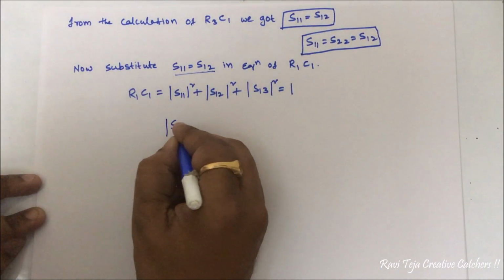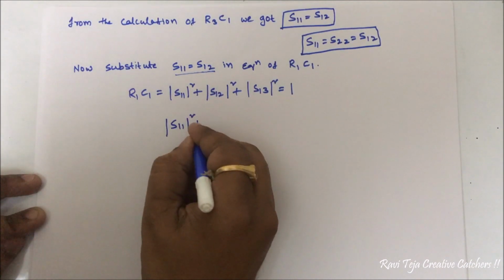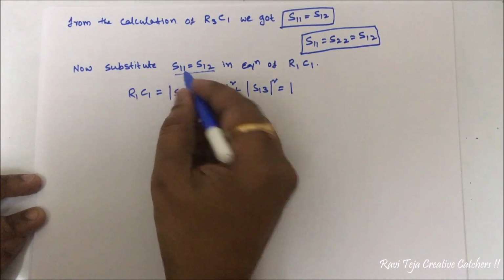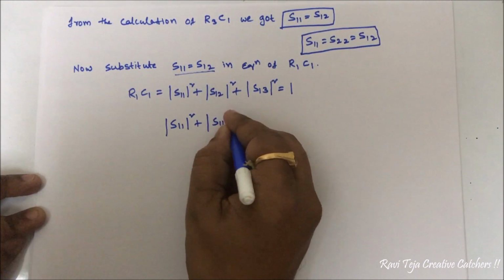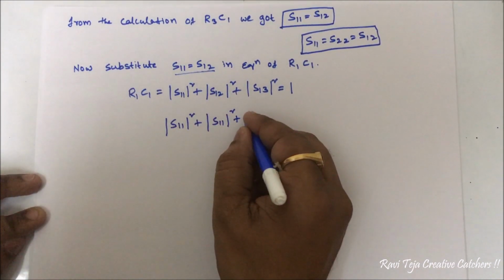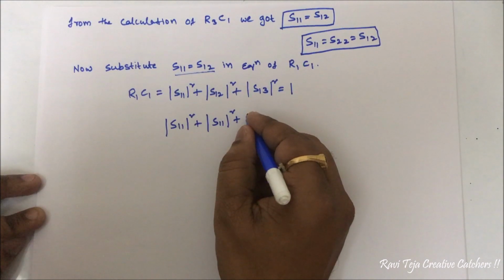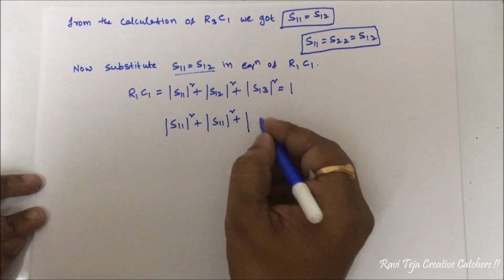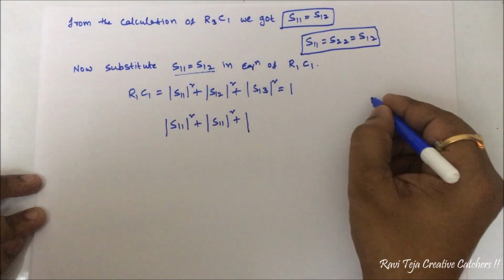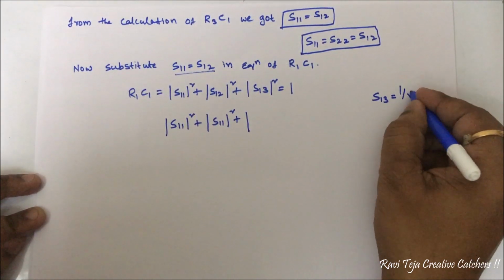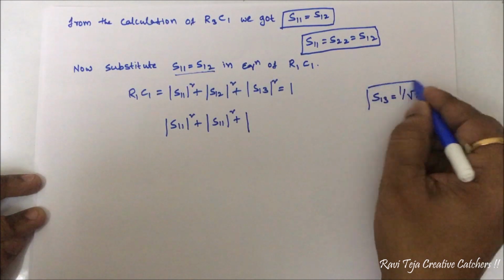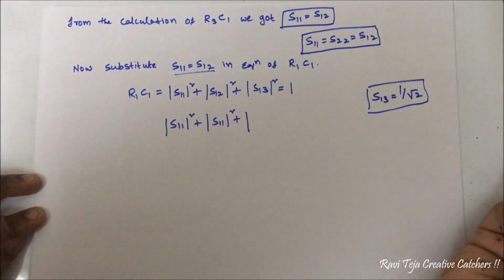Now, substitute S11 equal to S12. So, wherever S12 is there, substitute S11. So, |S11|² plus, in the place of S12 you need to substitute S11, plus |S13|². We have a formula, S13 is equal to 1 by root 2.